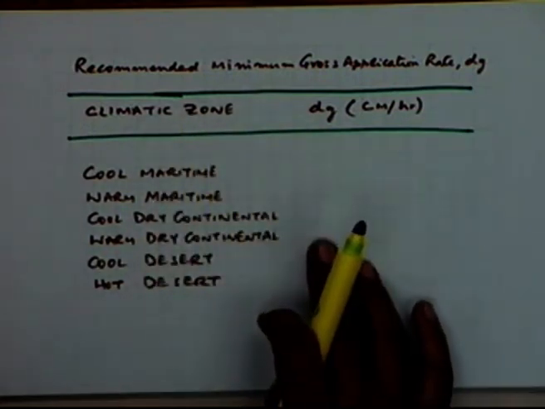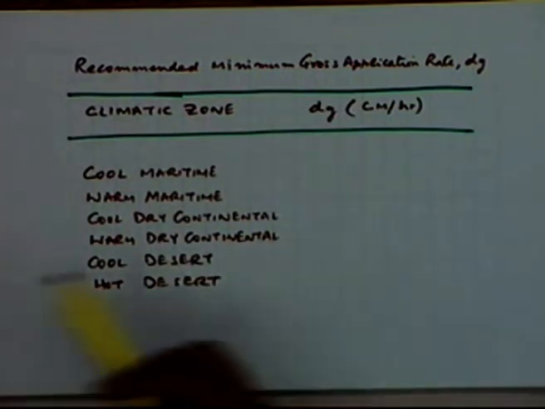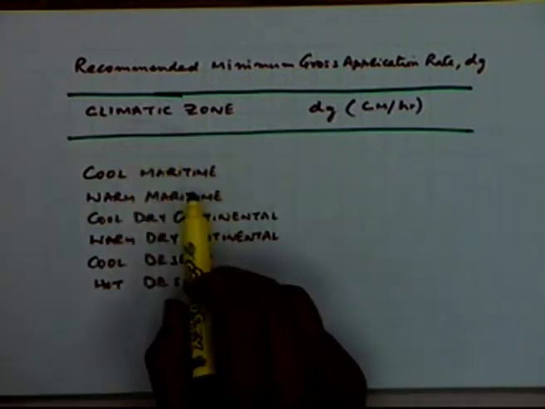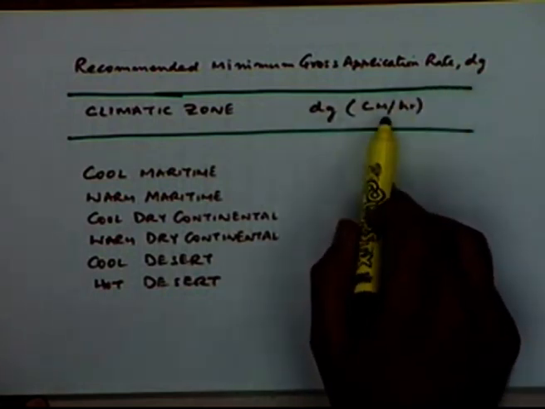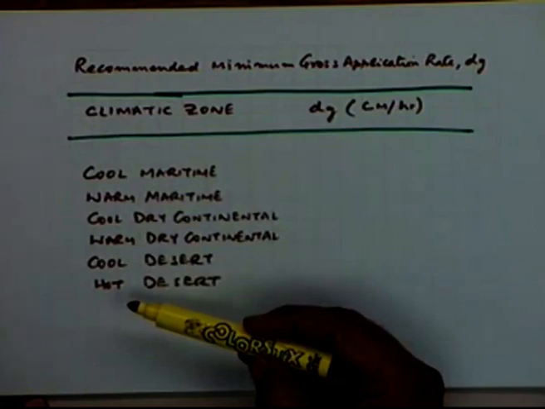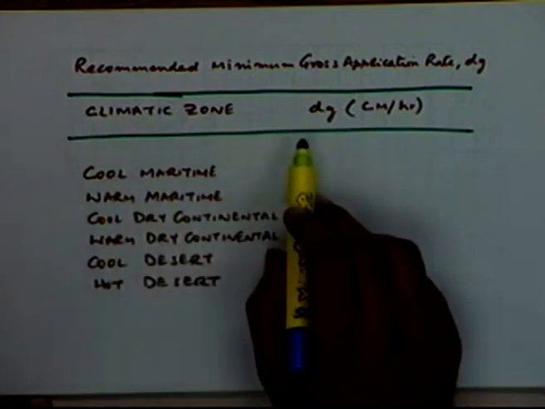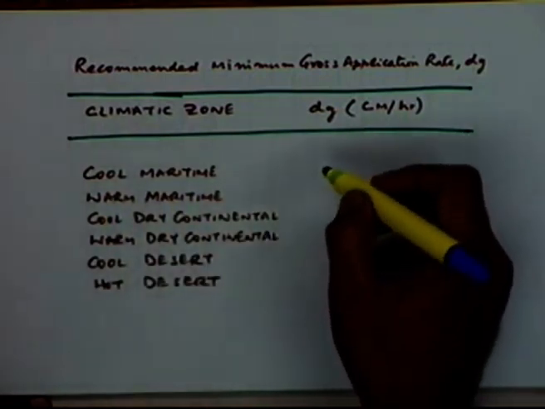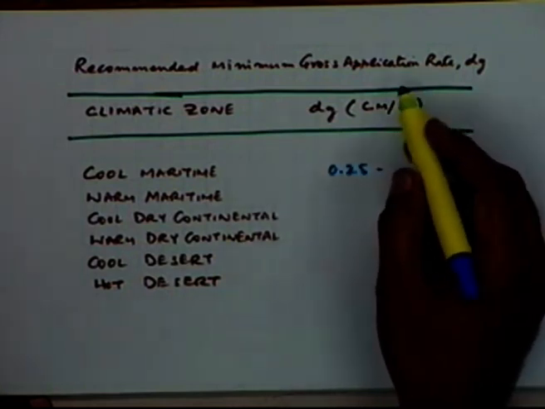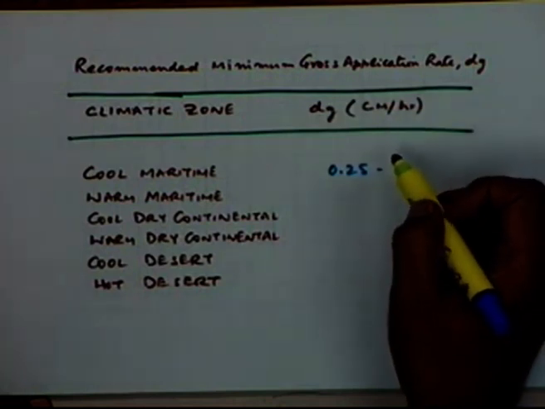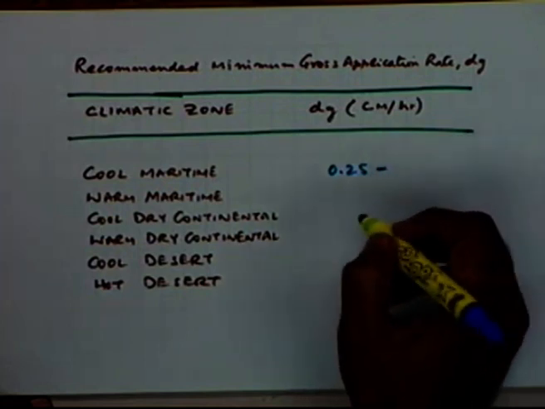And this particular chart, or this table, is giving the recommended minimum gross rate, dG in centimeters per hour, for different climatic zones. In case your gross application rate is working out to be lower than these values, it might not become practicable.